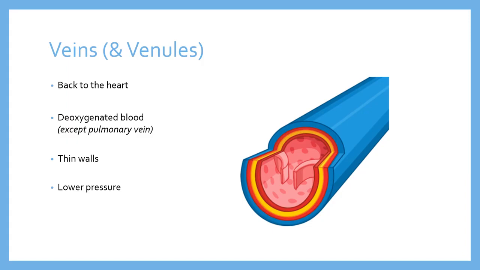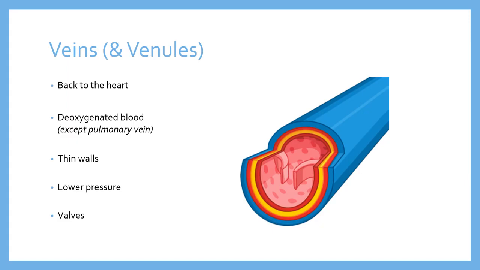And the way that the veins do this in a different way to the arteries is that veins have valves within them, and you can see that on the diagram there, a valve. So every few centimeters in large veins, or less than that in smaller veins, every now and again during the course of the blood flow, the blood will meet a valve, and the valve will stop the blood continuing on its way until there's sufficient blood arrived in the vein to have enough pressure to open the valve.